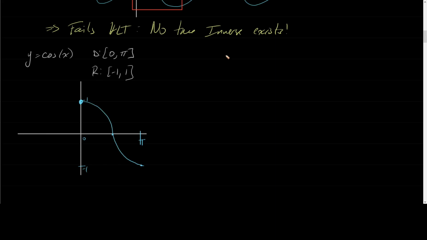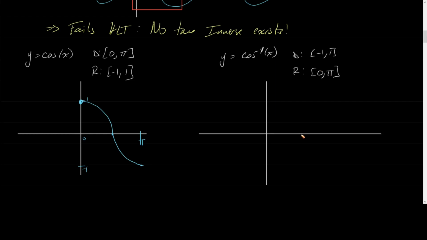If I look at y equals cosine inverse of x, all right, in here the domain is going to be from -1 to 1, and the range is going to be from 0 to pi. And the way this function looks is as follows. Perhaps I'll draw this a little bit better this way. All right. So our domain is from -1 to 1.